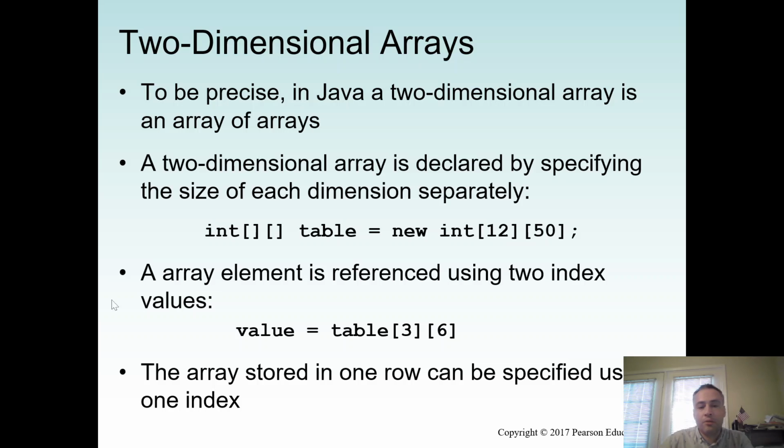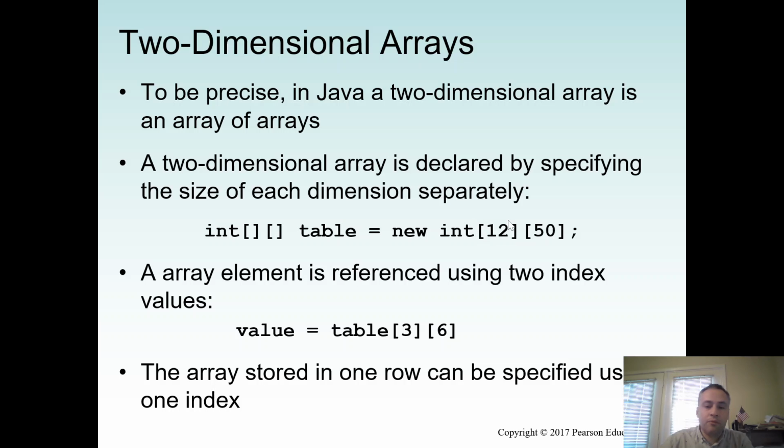All right, let's look for a bit how Java actually initializes the arrays. Int bracket bracket means two-dimensional array of integers. The name of the array is table, and to initialize it we use the new keyword, and then int bracket 12 bracket 50. So we are creating an array 12 by 50.